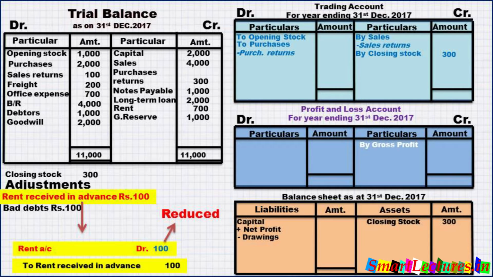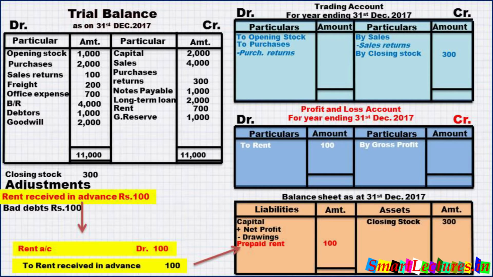Rent debit 100, it means it will go to the debit side of the financial statements, because rent belongs to profit and loss account. So it will go to the debit side of profit and loss account. And to rent received in advance 100. This is the credit item. It will go to the credit side of balance sheet, means liability side. So rent received in advance on liability side 100.